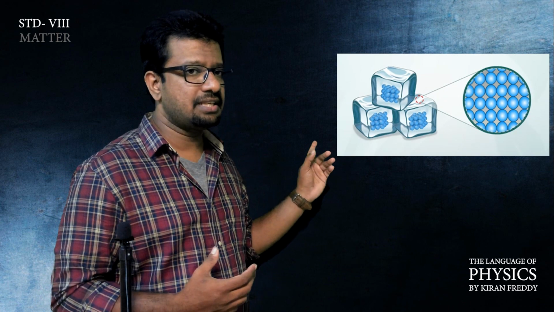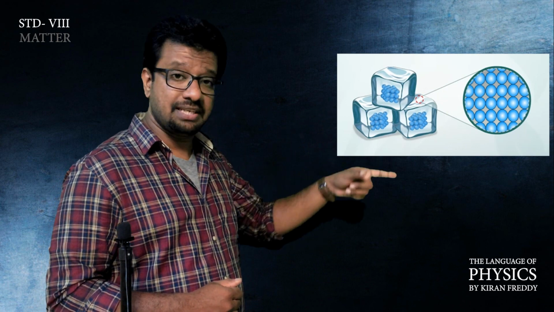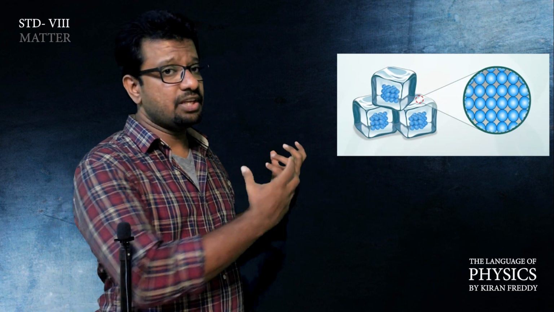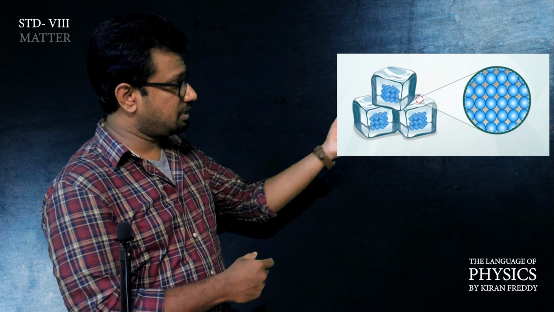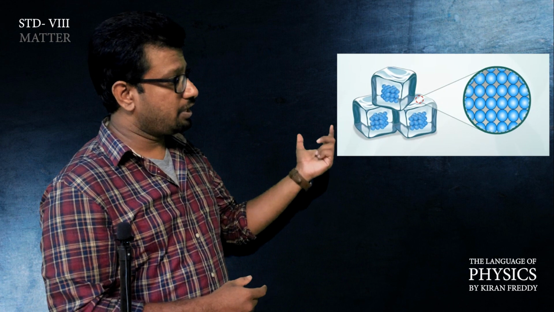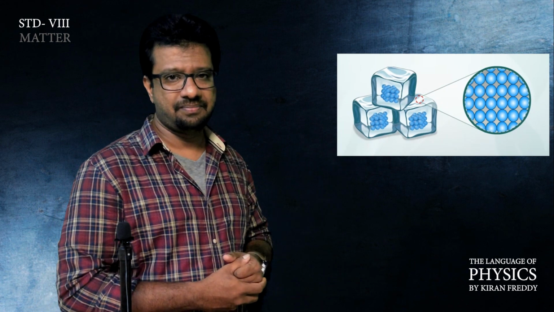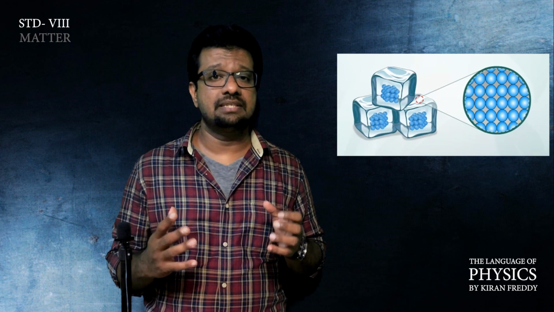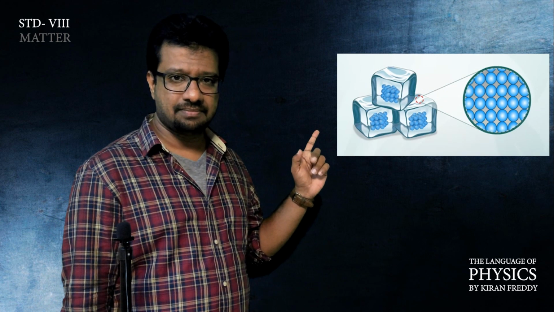You can easily understand the intermolecular spacing is very less. See, these molecules are very close. As a result, their spacing is very less. So the intermolecular spacing is very less for solids.